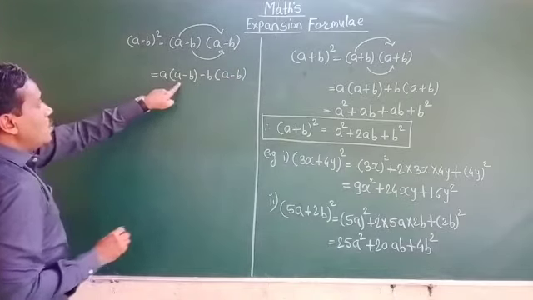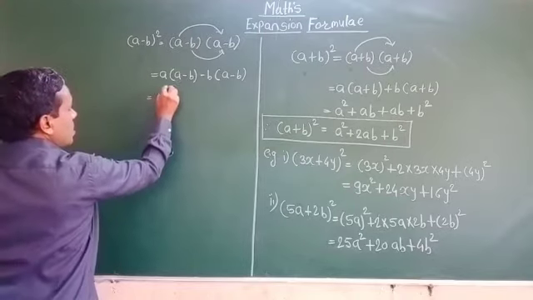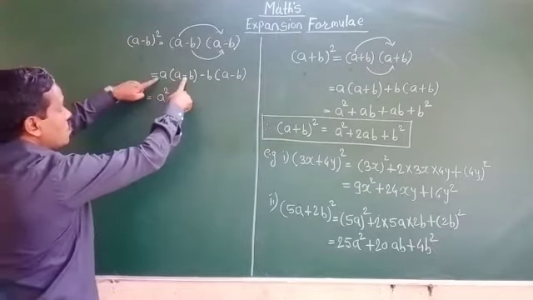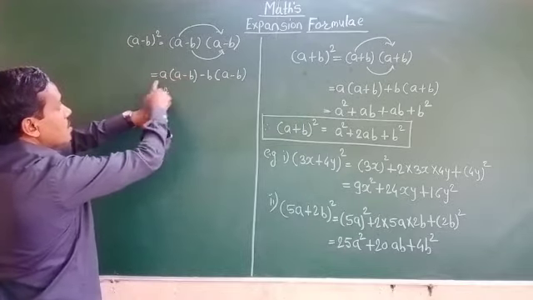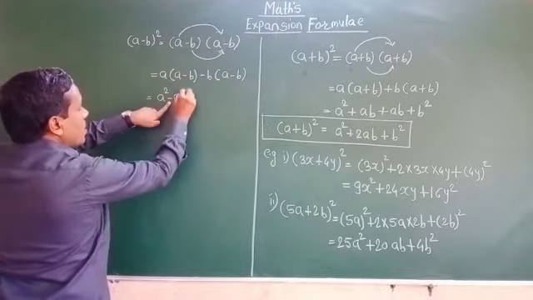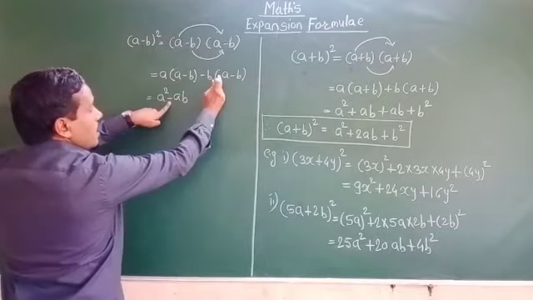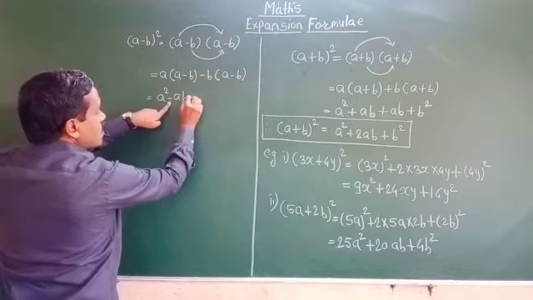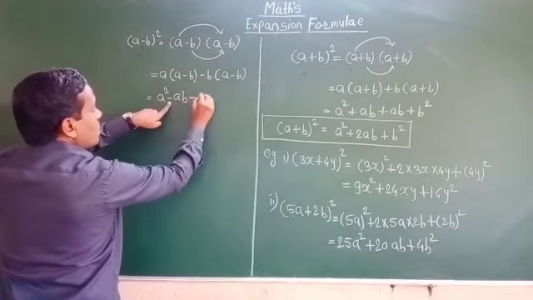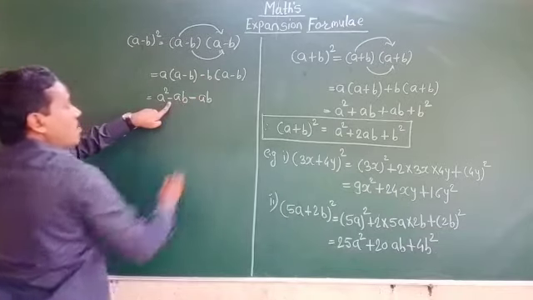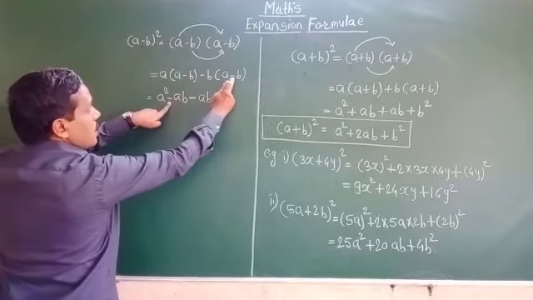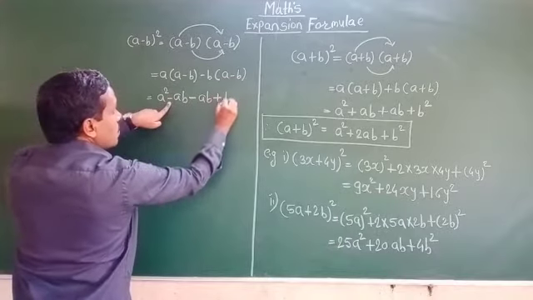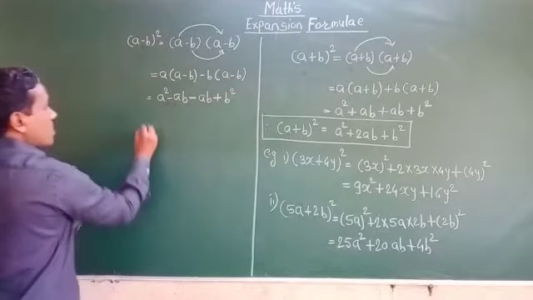A into A is A square, minus sign is available, so plus into minus, A into B, is minus AB. Again plus into minus, A into B, minus AB. Minus into minus is plus, so B into B is B square.